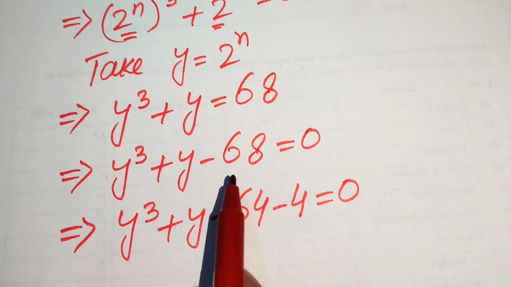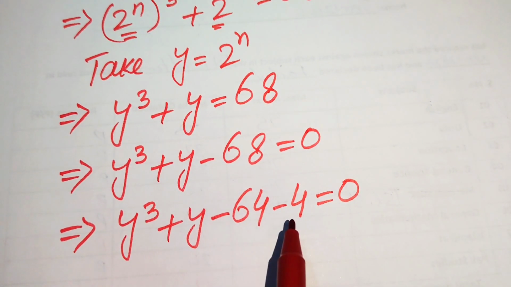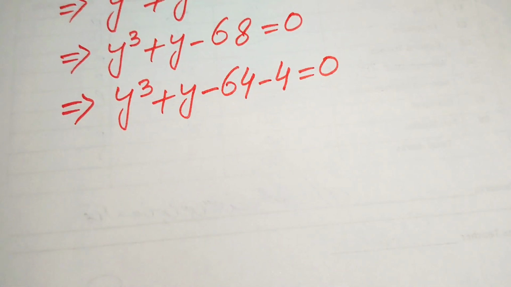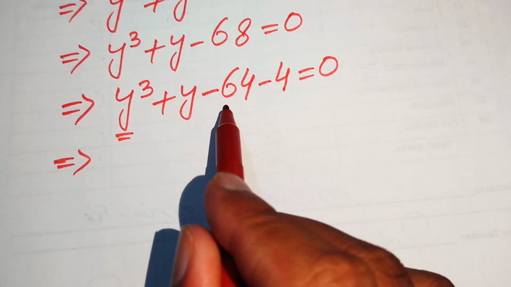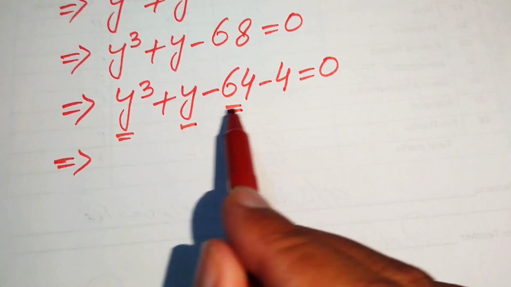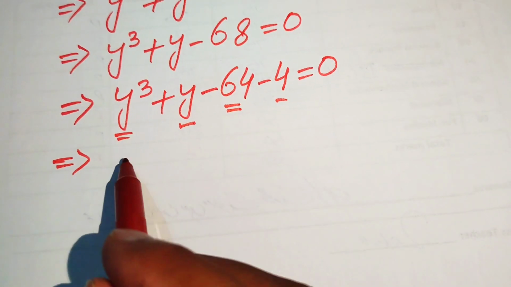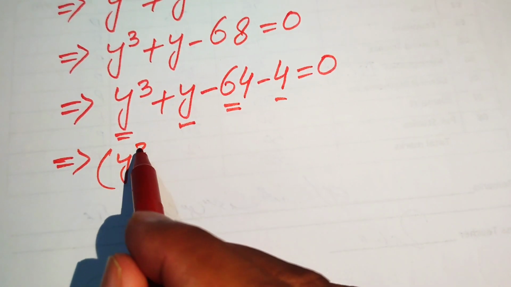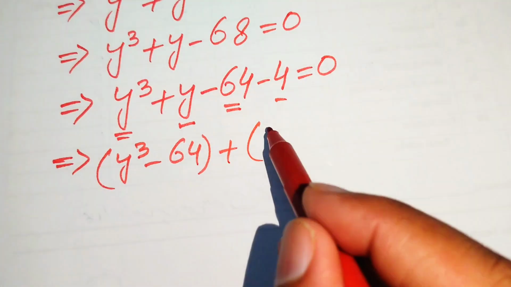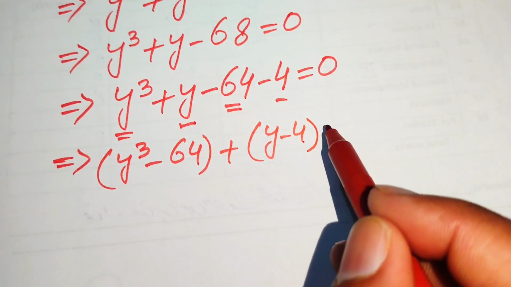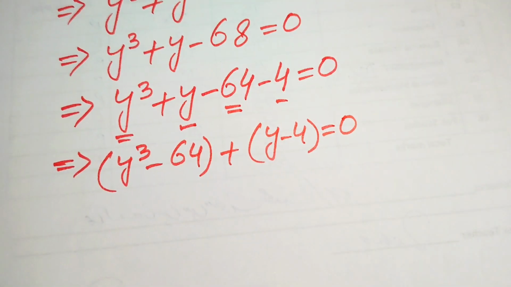We write minus 68 as minus 64 and minus 4. And now in the next step, we make a pair of y cubed with the 64 and a pair of y with 4. So after pairing these, we get y cubed minus 64 plus y minus 4 equals 0.